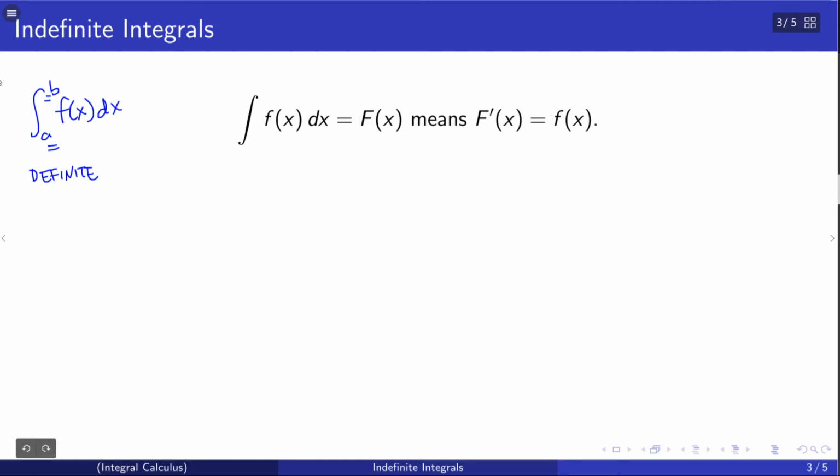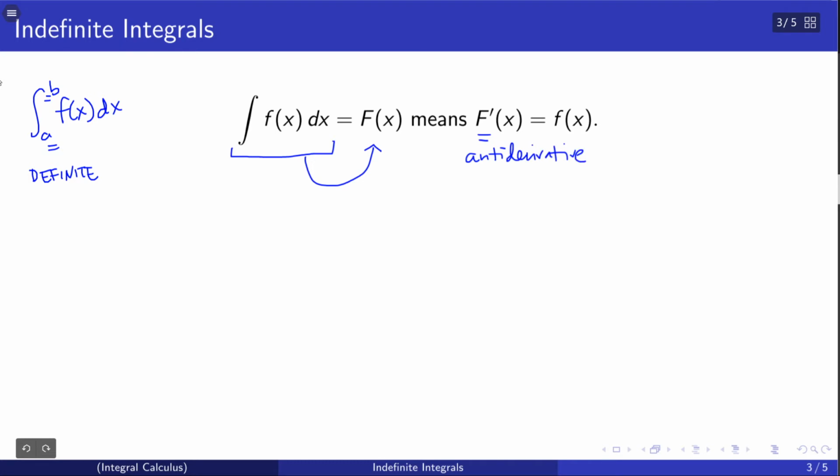And again, what this stands for is, it's equal to capital F of x means capital F prime of x is equal to small f of x. Right? So again, this means it's an antiderivative.